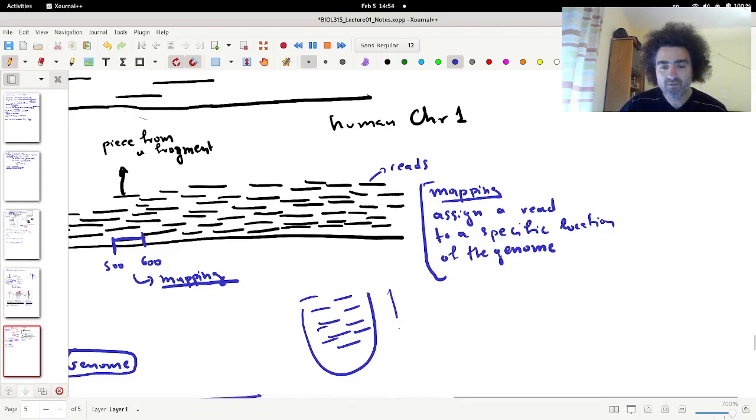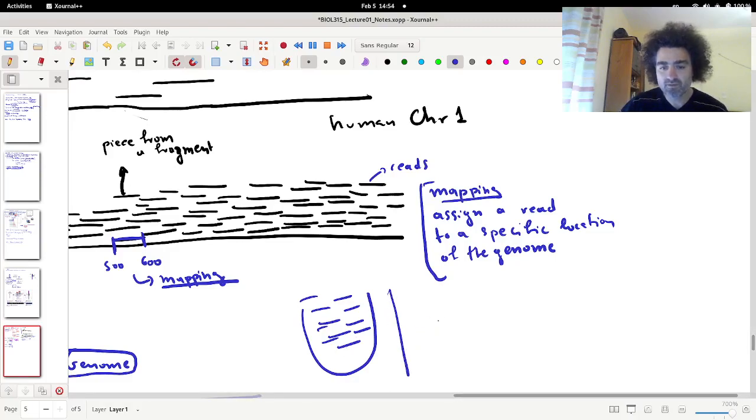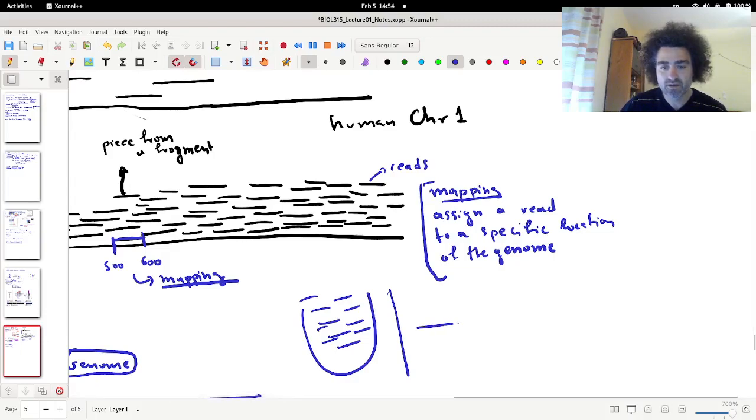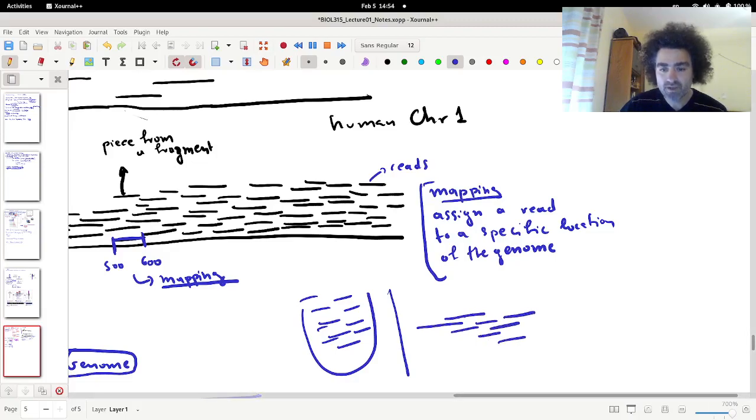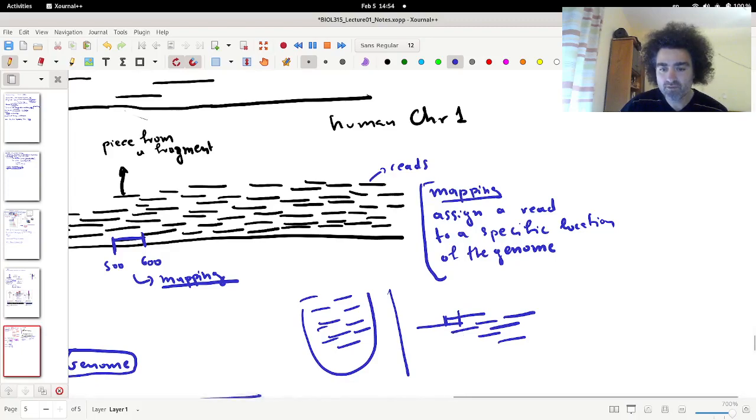And what we want to do in a first step, that we will not actually cover during this class, will be to find these overlaps here, because these pieces of reads should be the same, and this read should be the same with this read in this part.